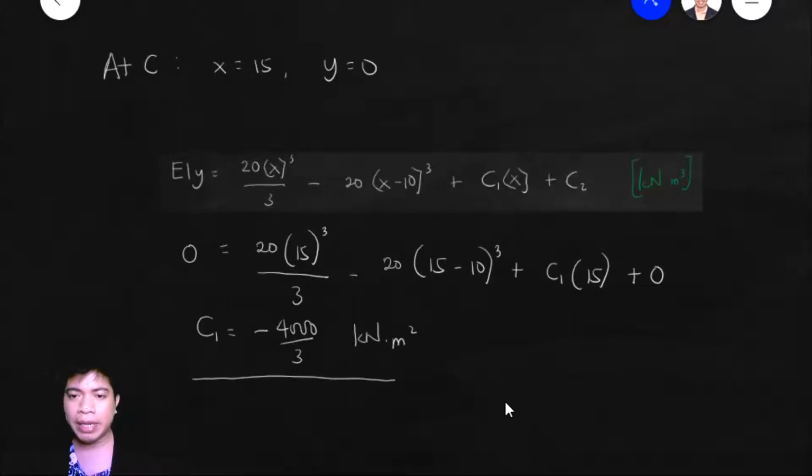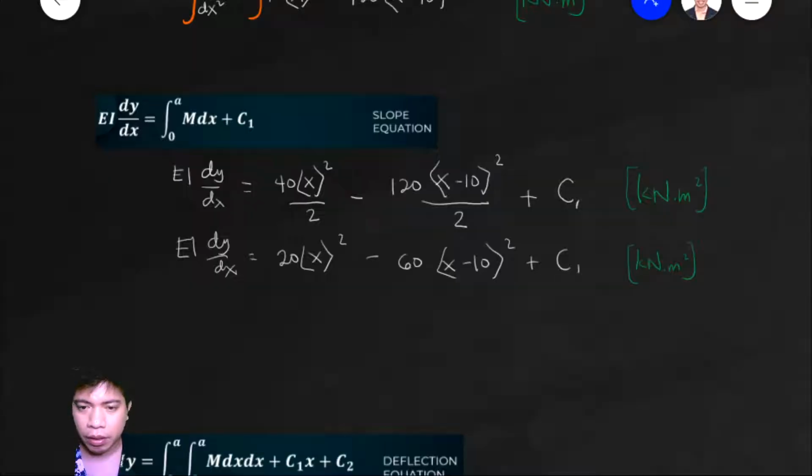Okay? So, ang gagawin natin ngayon, guys, ay of course, babalikan natin yung ating slope equation at saka yung ating deflection equation at i-substitute natin doon yung ating C1 at saka C2. Okay, so isulat lang natin dito guys yung ating slope equation.